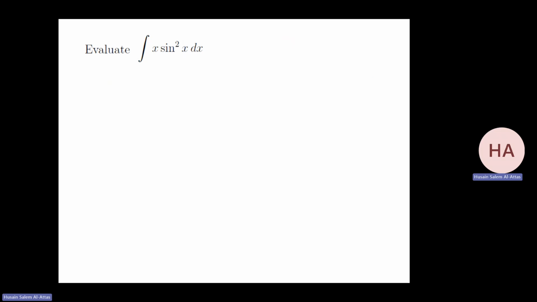Now we have these three. Let me do them quickly. I have sine square. I need to change it into cosine 2x, which is 1 minus 2 sine square x. So 2 sine square x will be 1 minus cosine 2x.